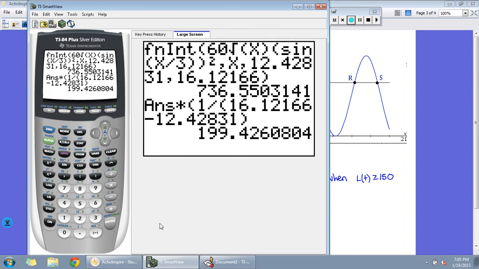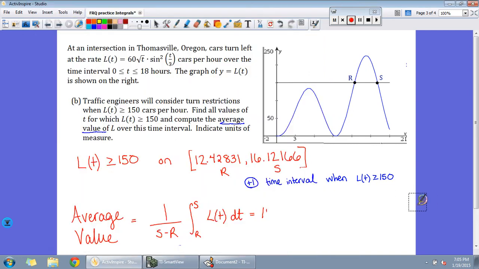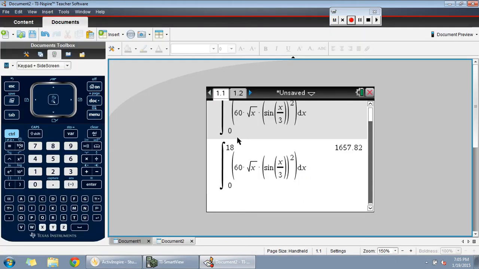And we get 199.42. So the average rate of change is 199.426 cars per hour.